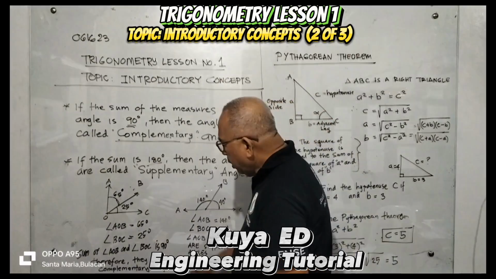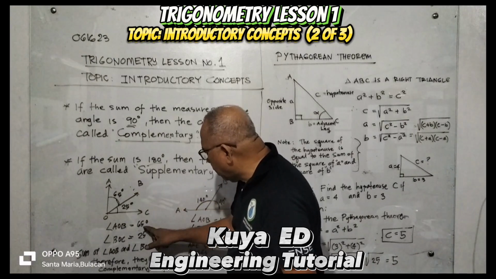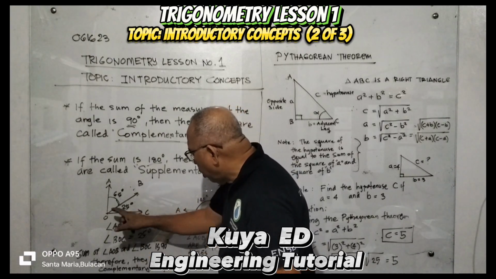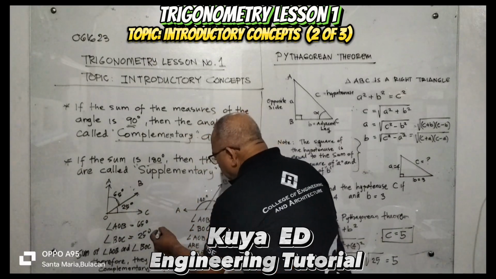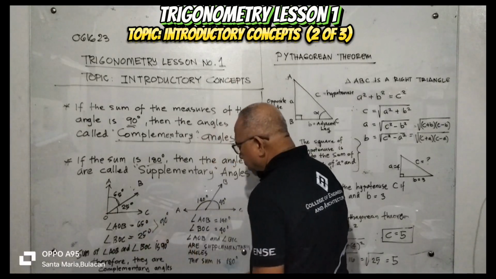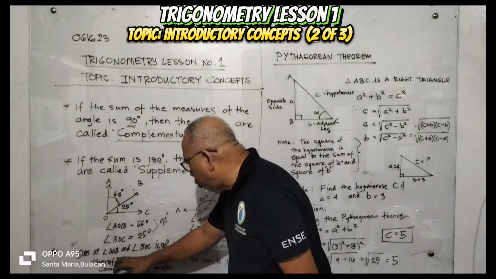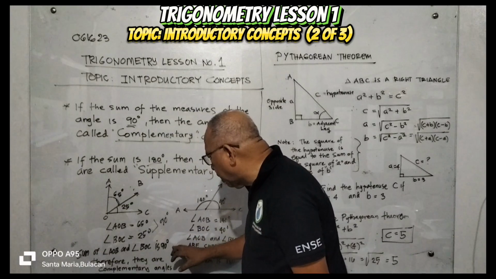So, the angle AOB is 65. Then the angle BOC is 25. The total of this is 90 actually, no? Kung ating i-add. So therefore, the sum of AOB and the angle BOC is 90.